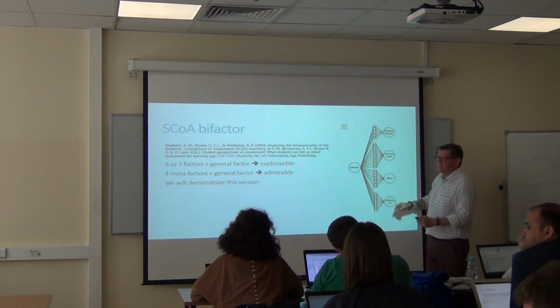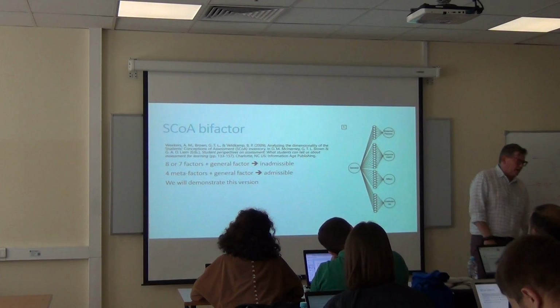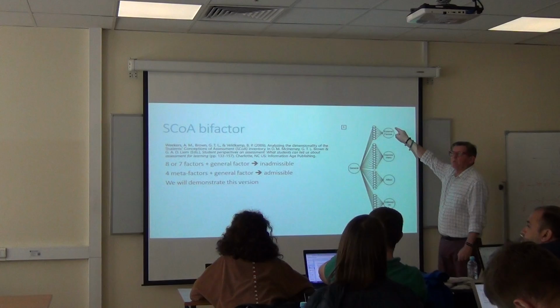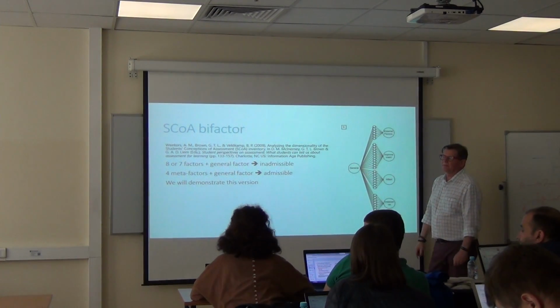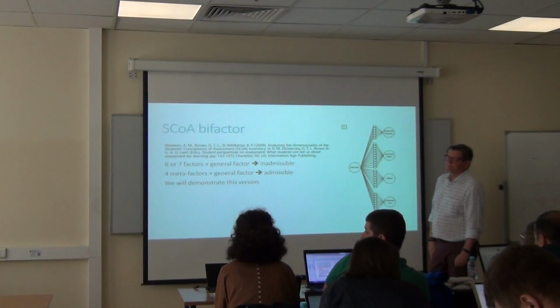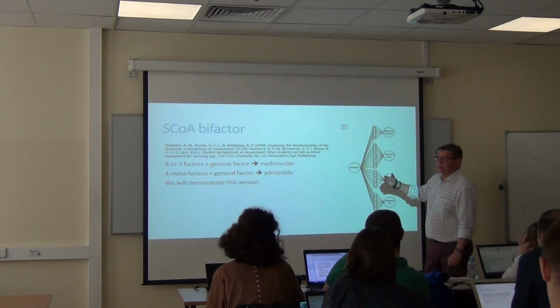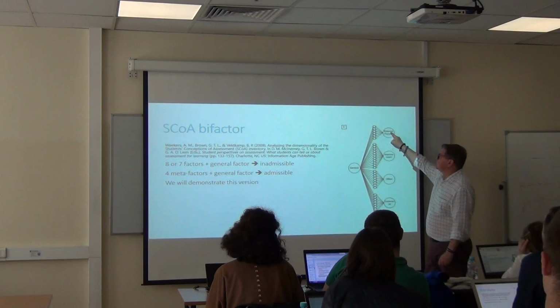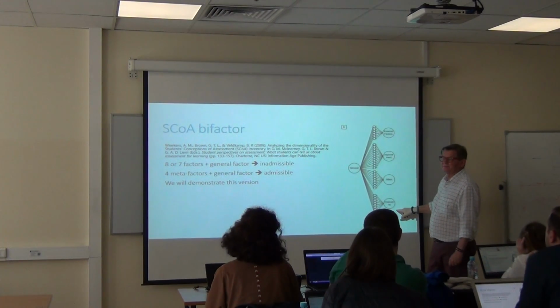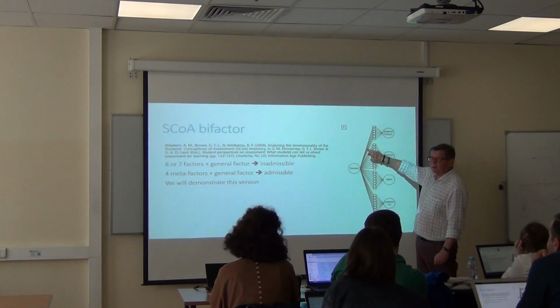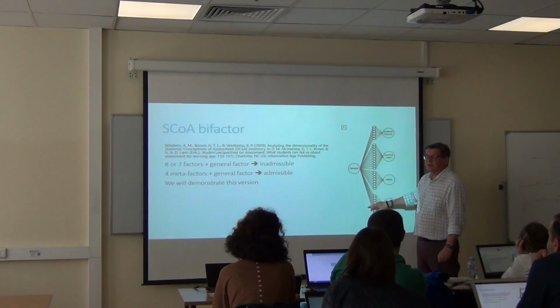So why not hierarchical? Because the hierarchical would be trying to explain these, and we were trying to explain the items. And also, this sucks up a lot more variance than just trying to explain these. You could correlate these, but you would leave out a lot of variance in these items.